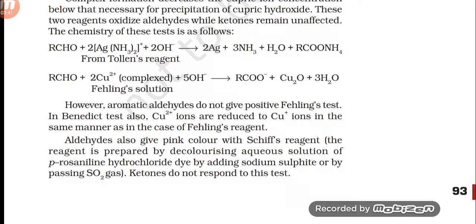In the Benedict test also, Cu+2 ions are reduced to Cu+ ions in the same manner as in the case of Fehling's reagent. Aldehydes also give a pink color with Schiff's reagent. The reagent is prepared by decolorizing an aqueous solution of pararosaniline hydrochloride dye by adding sodium sulfite or by passing SO2 gas, and ketones do not respond to this test.